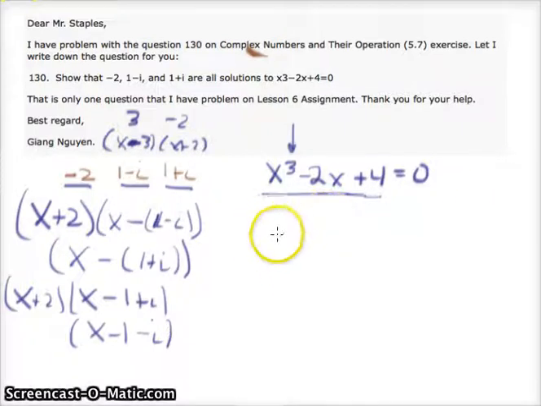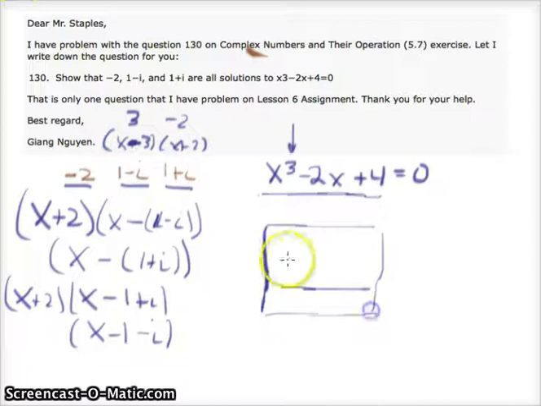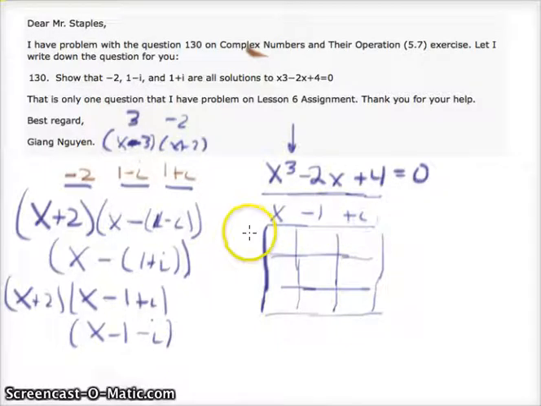All right, the first thing I'm going to do is use what's called the box method, okay? I'm going to need another row here. So the first one was x minus 1 plus i, and the other was x minus 1 minus i. All right, let's multiply row and column. That would be x squared.